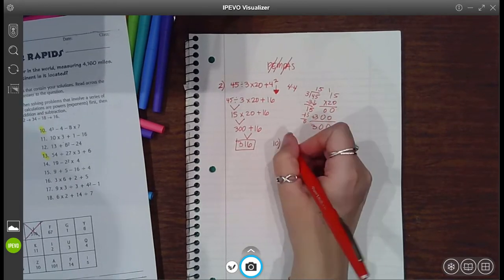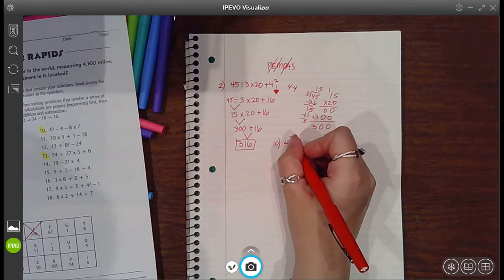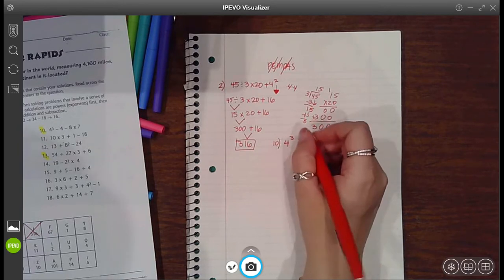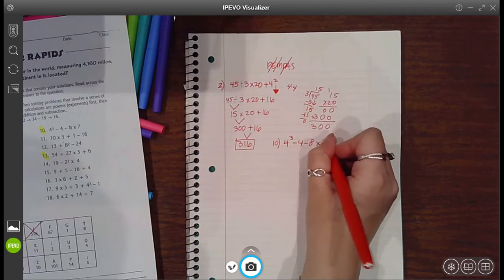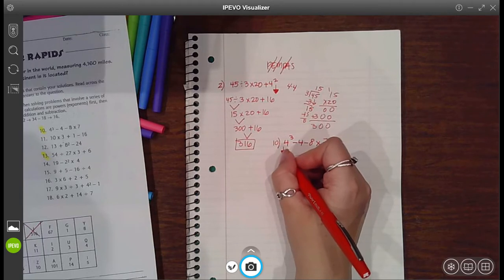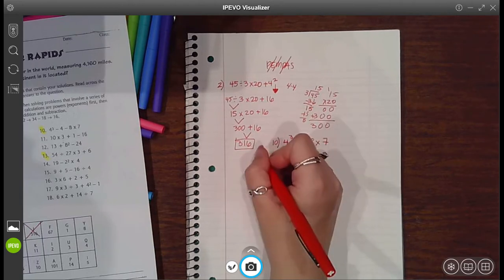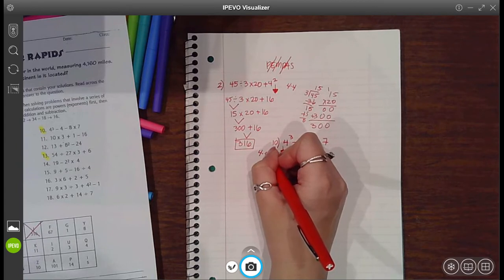Number 10 says 4 cubed minus 4 minus 8 times 7. Cubed is a special name for the third power. Okay, no parentheses. Exponents, yes, that 4 cubed, which is not 4 times 3, but 4 times itself 3 times.